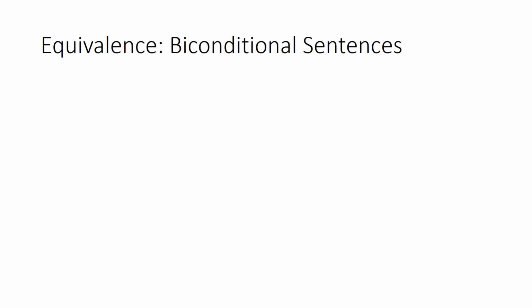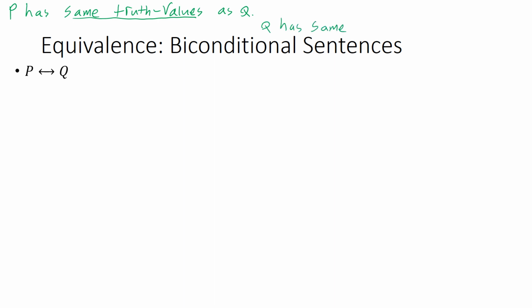And finally, we have biconditional sentences. These are equivalencies, P if and only if Q. And in truth functional logic, an equivalency holds if P and Q have the same exact truth values. So P has the same truth values as Q. And likewise, Q has the same truth values as P. So it's very important.